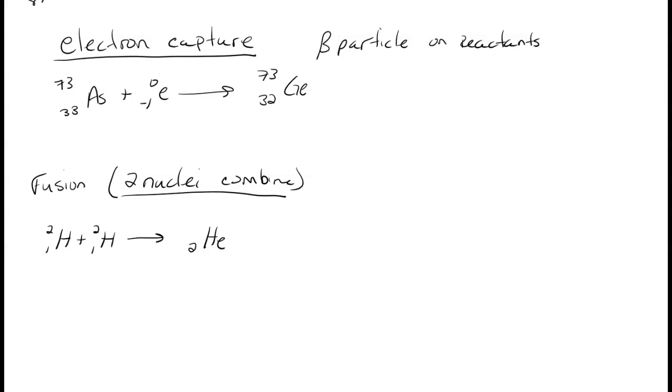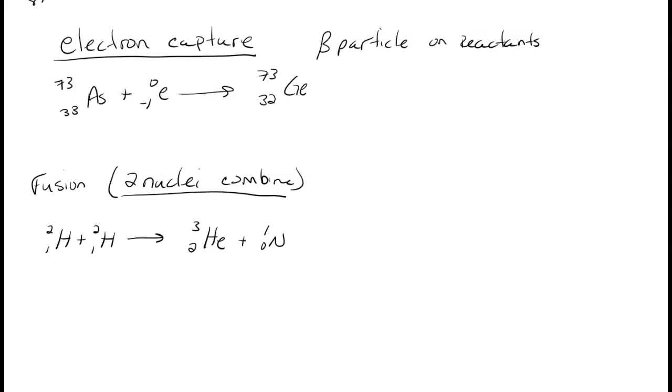They will combine into a single element in the products. Now, the mass may not add up to equal the two individual atoms in the reactants because we tend to always form a neutron. So depending on how many neutrons we form, that will determine the mass. But the protons of the products will equal the protons of the reactants.